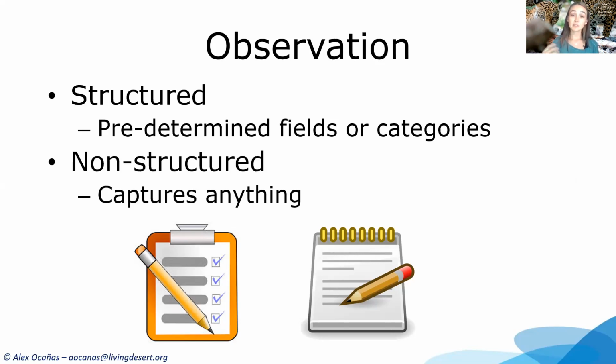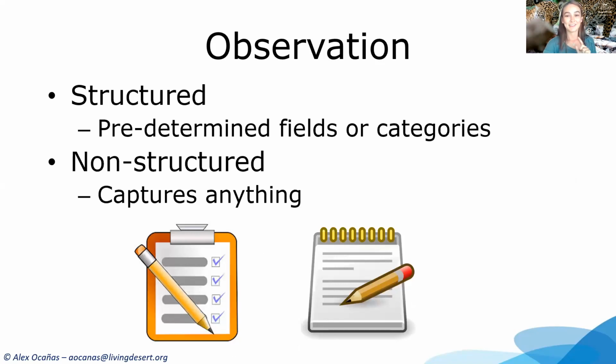Whereas in unstructured observation, they're not looking for very specific facts or actions, but instead are collecting anything and everything that's relevant in written form. That's much more qualitative.